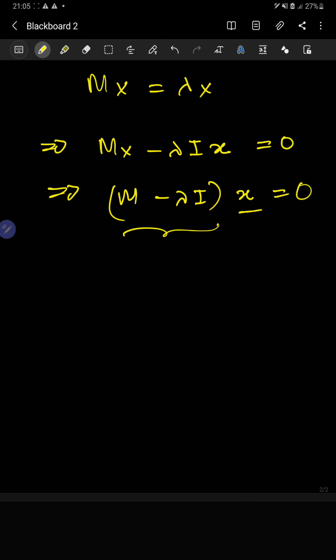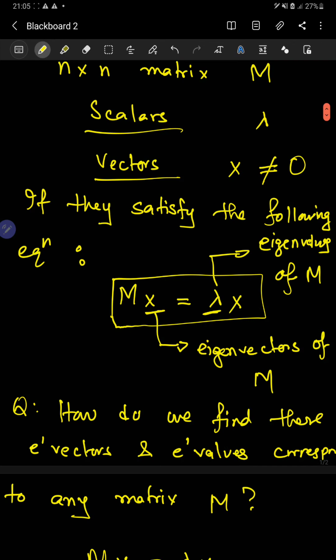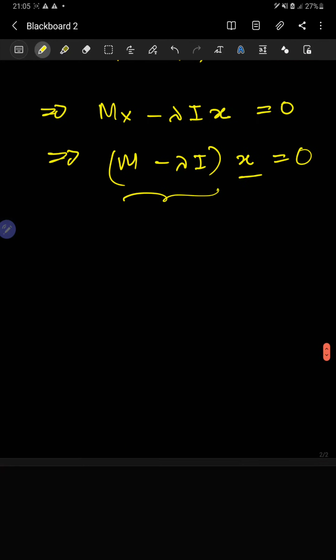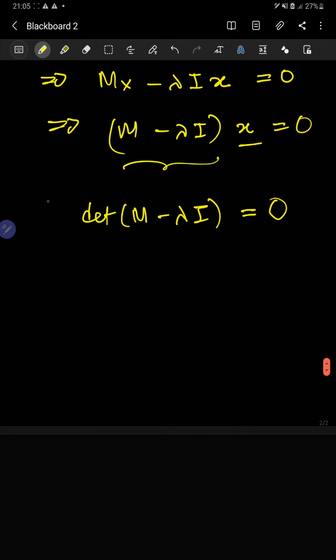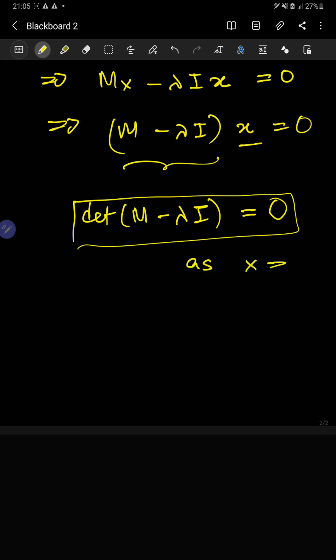But as we mentioned earlier, the vector can't be 0, so this part should be 0. That is, we say that the determinant of M minus lambda I should be 0, as x is not equal to 0.